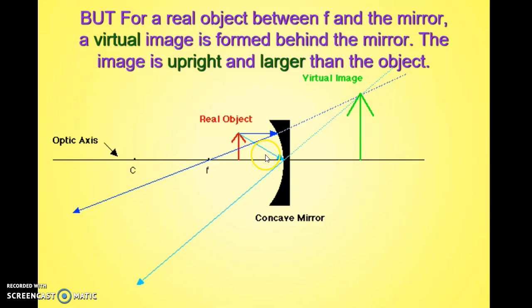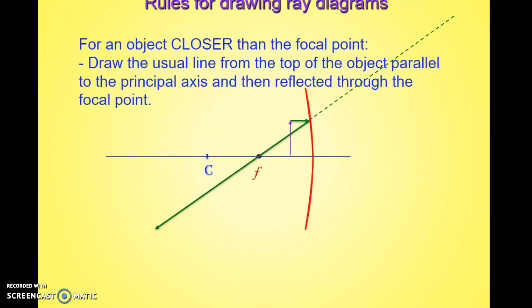So these two angles are equal. And then you subtend, there's a dotted line with no arrows on it. You subtend both of them back behind the mirror, and where they meet, that is where your virtual image is. You can see the virtual image is enlarged. It's behind the mirror, and it's upright. It's not upside down. So those are the three things you'd mention there.